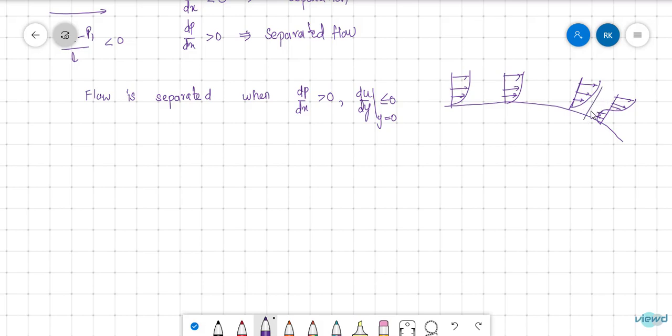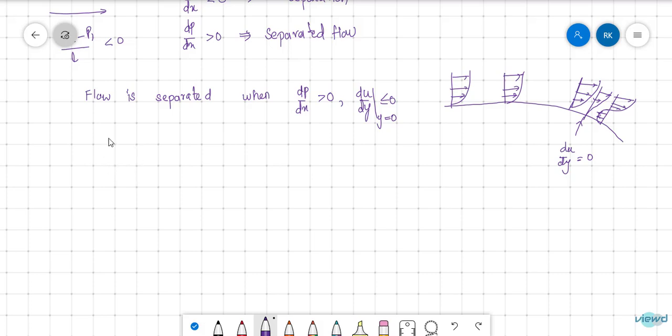Let me see. So here the slope is 0. du by dy is equal to 0. This is the point where the separation starts. That's the point where the flow is separated.